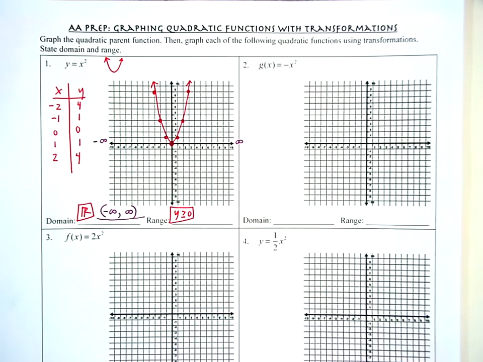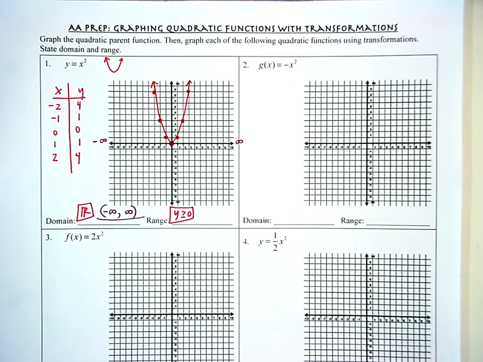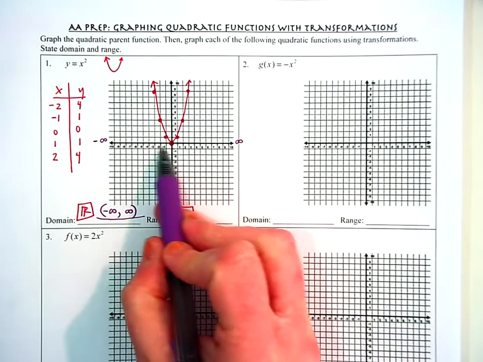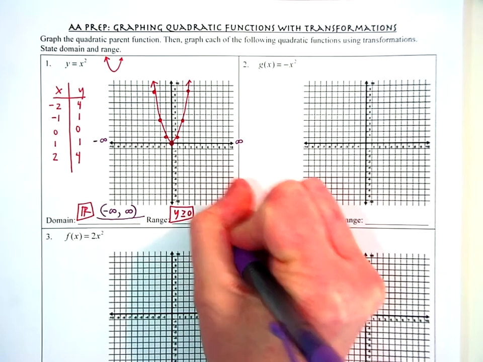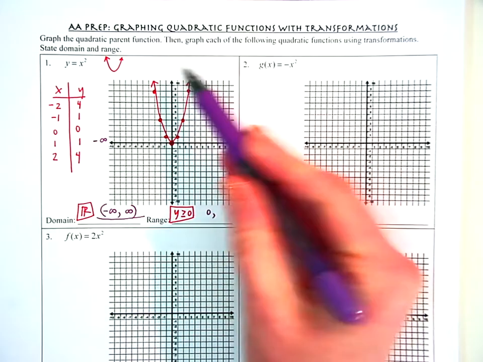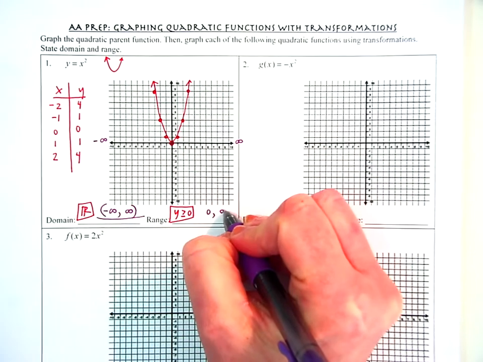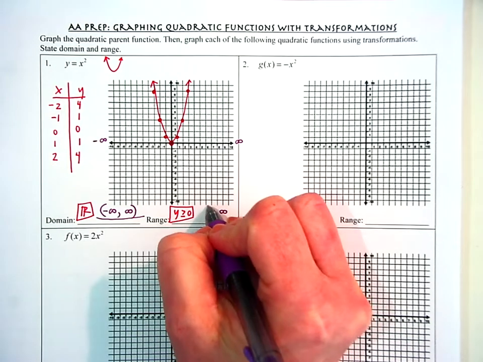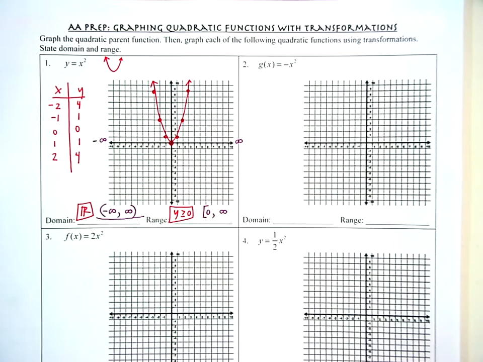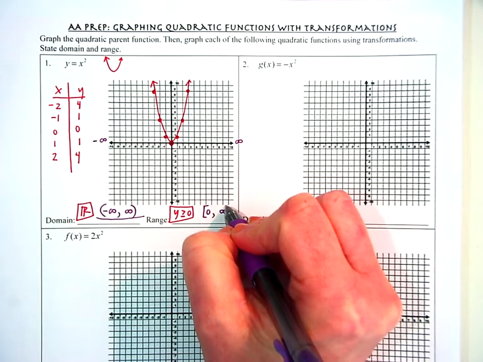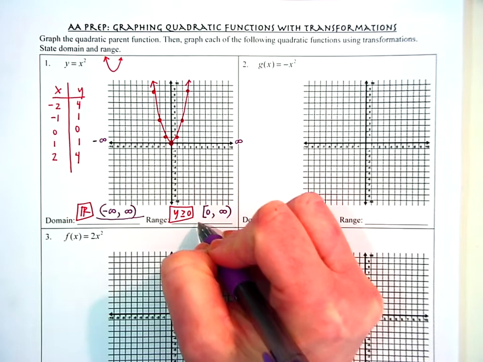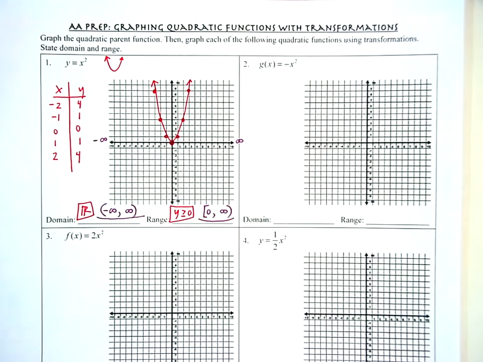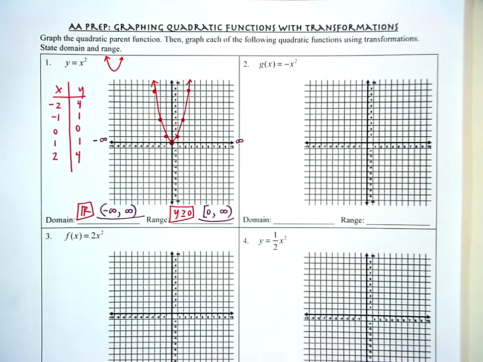If I wanted to switch to interval notation, I could say that the smallest value would be 0 and the largest one would be up here at infinity. Since it can be equal to 0, it takes a hard bracket. Infinity always takes a soft bracket or parenthesis like so. So either of these notations are perfectly fine.